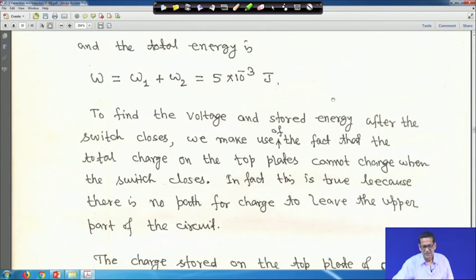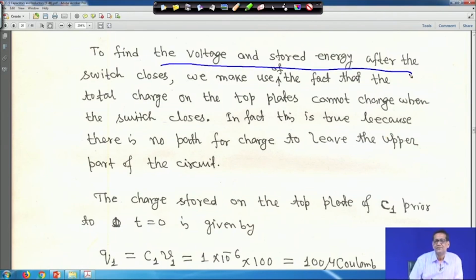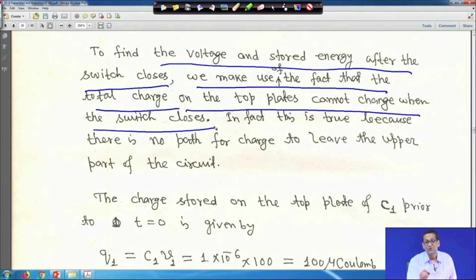Now here is the thing. To find the voltage and stored energy after the switch closes, right, we make use of the fact that the total charge on the top plates cannot change when the switch closes, right.